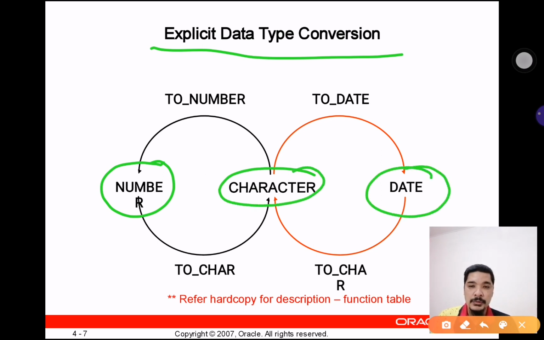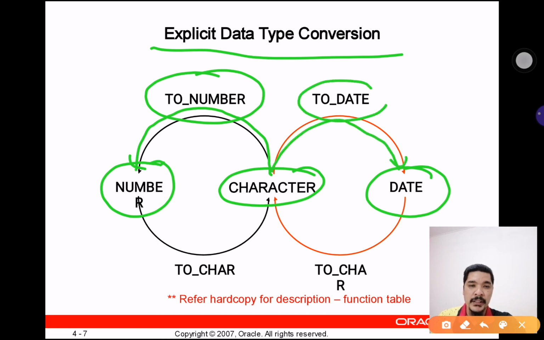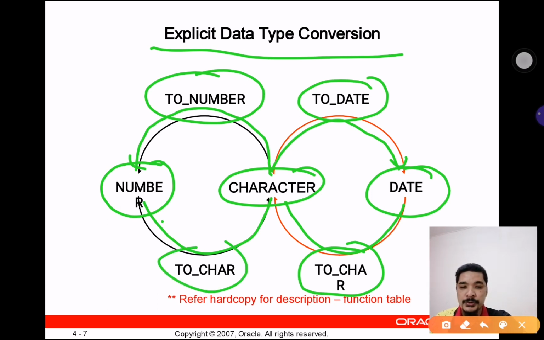A character can be converted into a number using the to_number conversion function. If you want to convert a character to a date, we use to_date, and if you want to convert a date to a character, we use to_char. For a number that you want to convert to a character, we also use to_char. These are the explicit data type conversion functions.